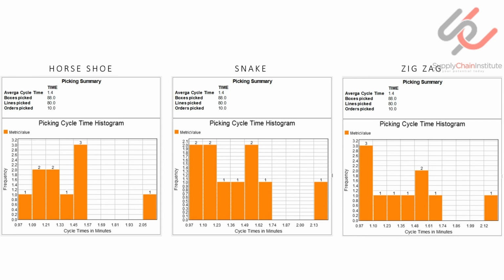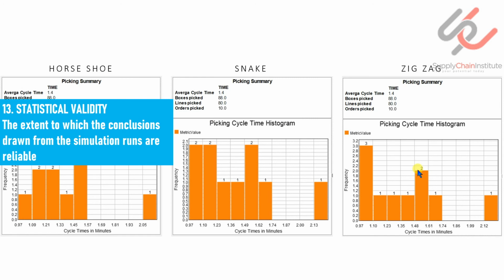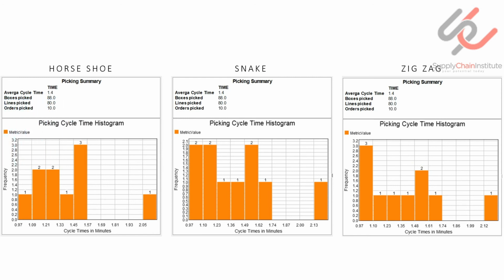It is probable that we would have to run each of the models at least a dozen times, so we would have enough information to say whether the average cycle time for this one was 1.4, the same for this one, the same for this one. Eventually we'll reach the point where we will be running simulation replicas and simulation scenarios, and we will learn all the principles behind actually doing that.